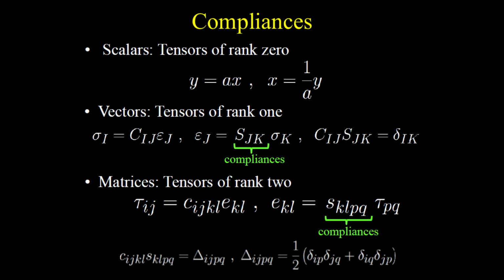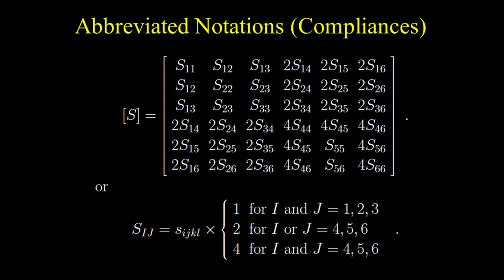The compliances take large values for easily deformed materials and small values for rigid materials. Here is the abbreviated notation of the compliance tensor. Please pay attention to the extra factors 2 and 4. These factors ensure that the compliances are inverse of stiffnesses when using these quantities as second-rank tensors.